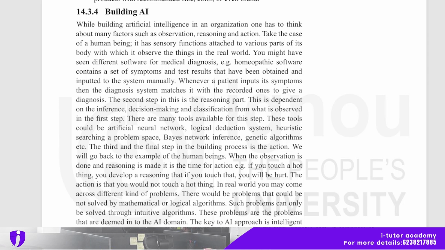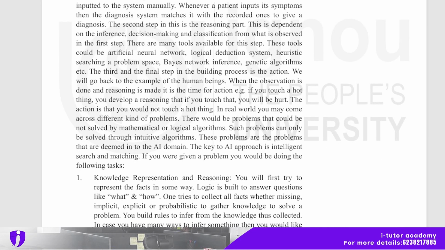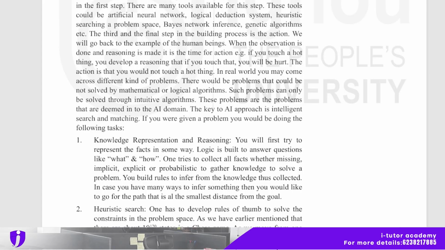So in the real world, you may come across different kinds of problems. There would be problems that could not be solved by a mathematical or logical algorithm. The key to the AI approach is intelligent search and matching. If you were given a problem, you would do the following tasks. Knowledge representation and reasoning: you will first try to represent the facts in some way, and logic is built to answer questions like what and how.